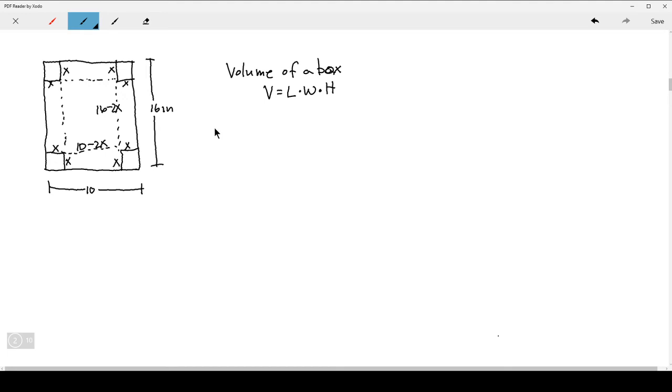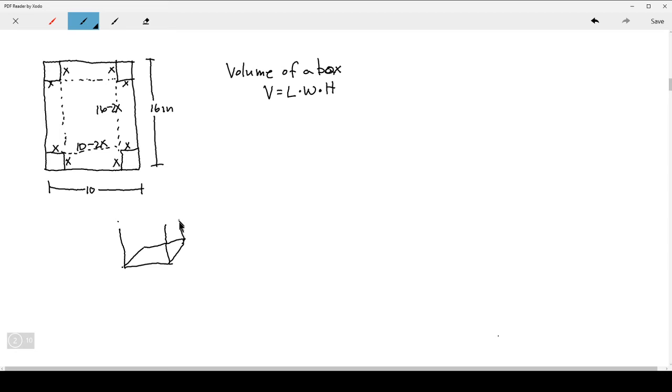All right, so where am I? Okay, length times width times height. So I can write an equation for the volume of this box, right? If I fold up the sides, this is going to be an open top box.